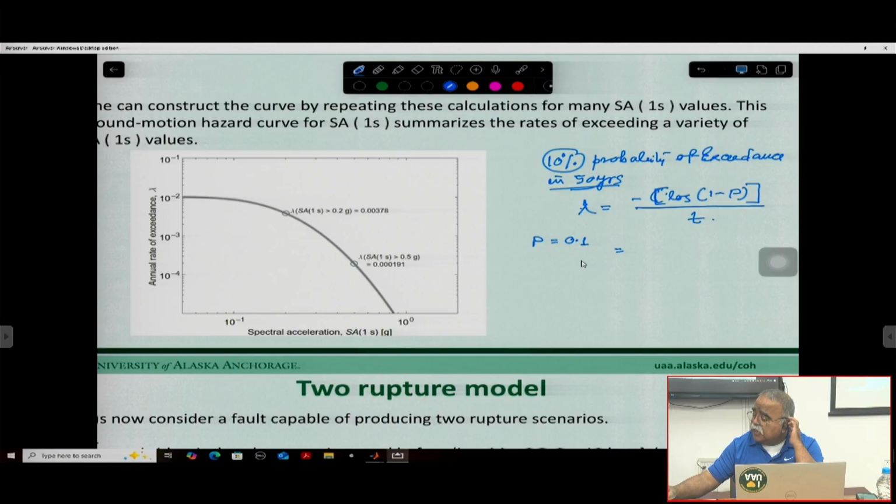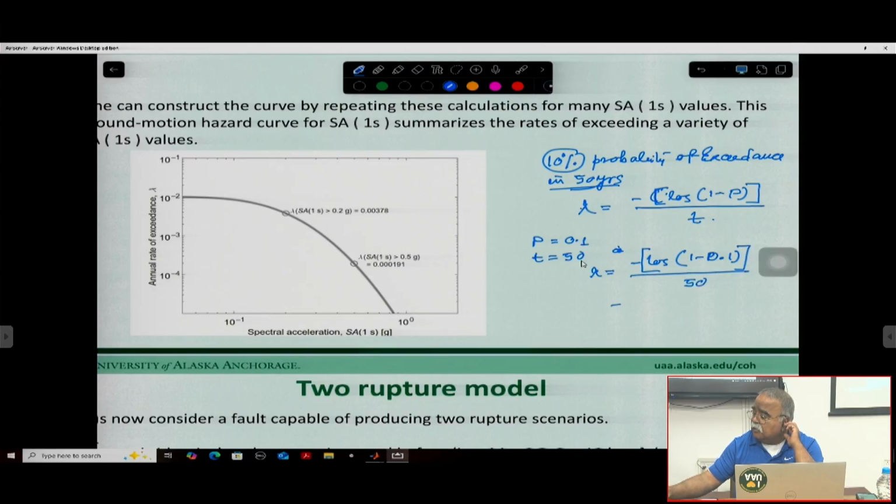Then your lambda value will be: minus natural log of (1 minus 0.1), divided by T, which is 50 years.